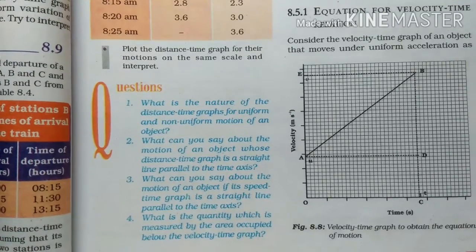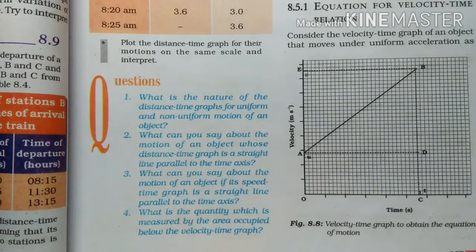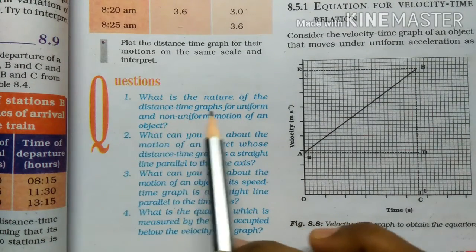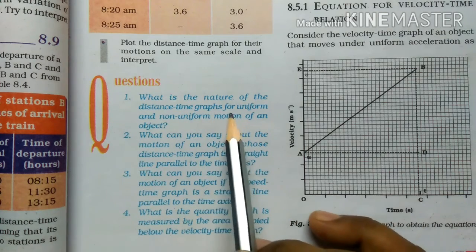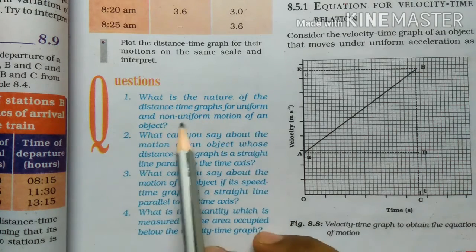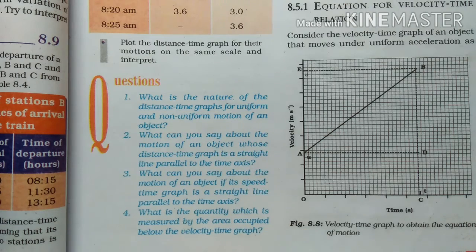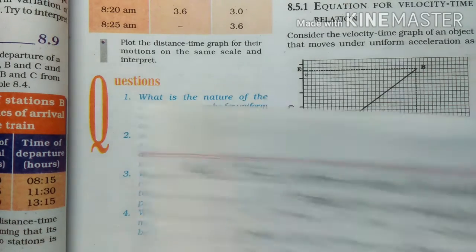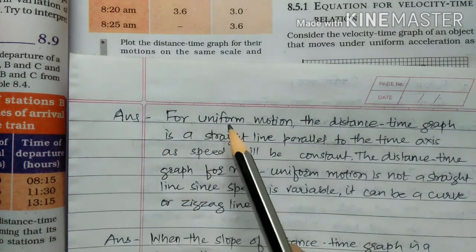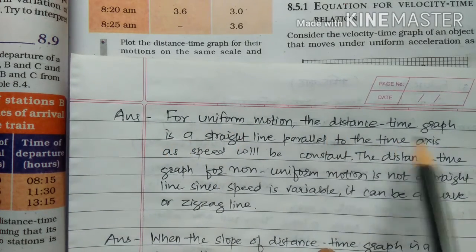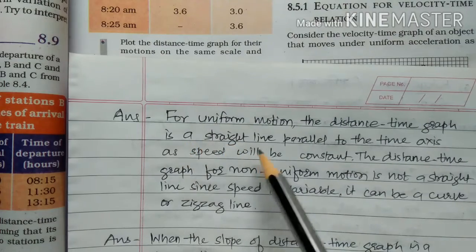Now here some questions are there. First question: what is the nature of the distance-time graph for uniform and non-uniform motion of an object? See the answer. For a uniform motion, the distance-time graph is a straight line.